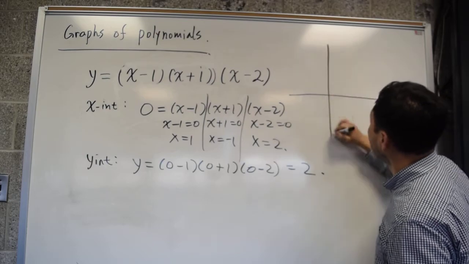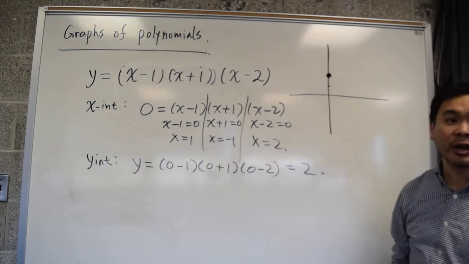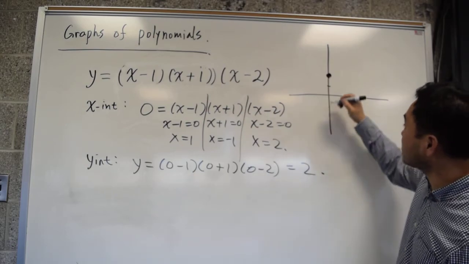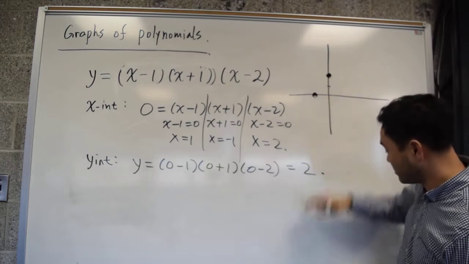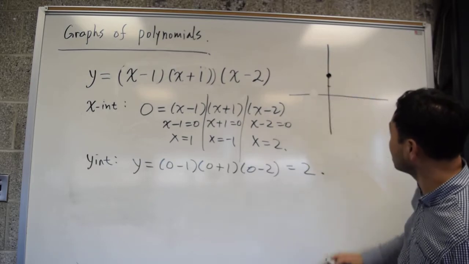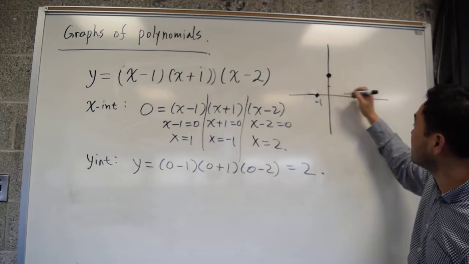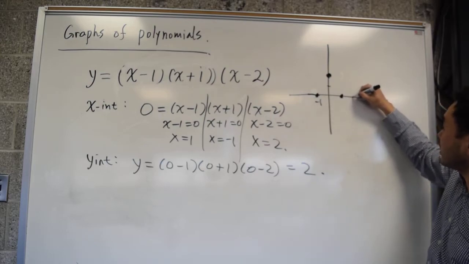We know that 0, 2 is your y-intercept. We also know that the x-intercepts are at negative 1, and also at 1, and also at 2.